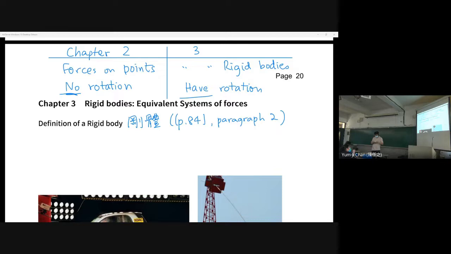A rigid body is a body which does not deform under external forces.